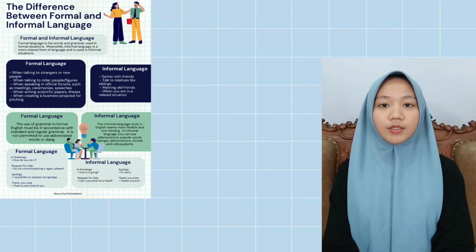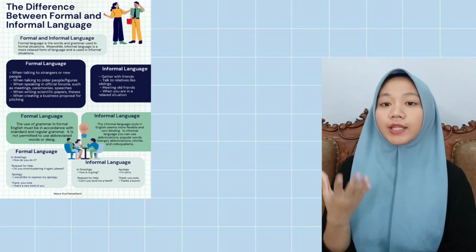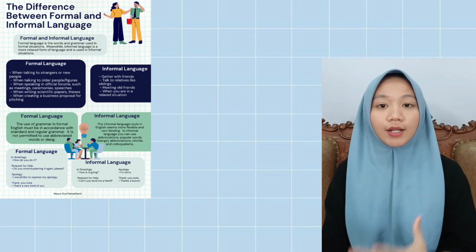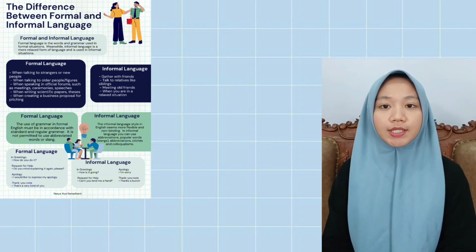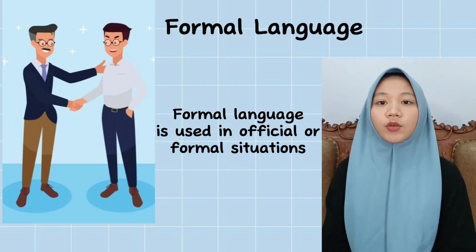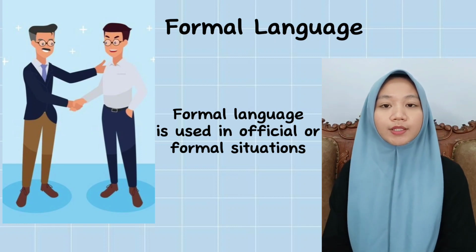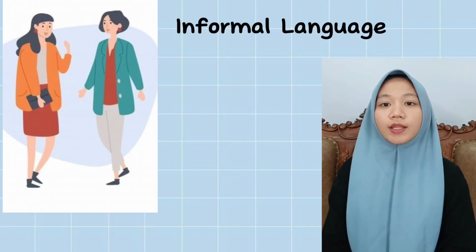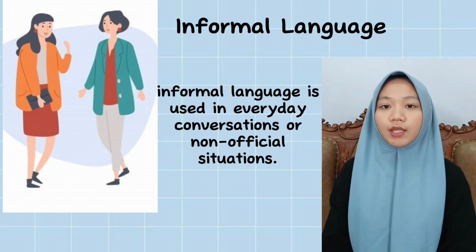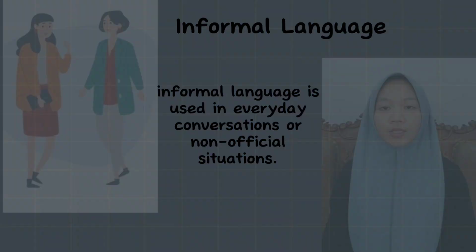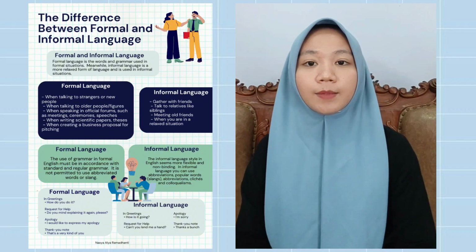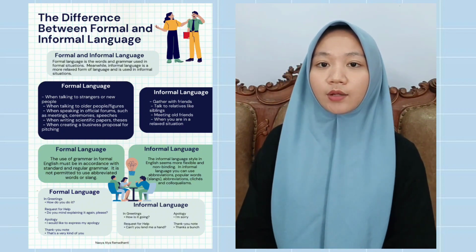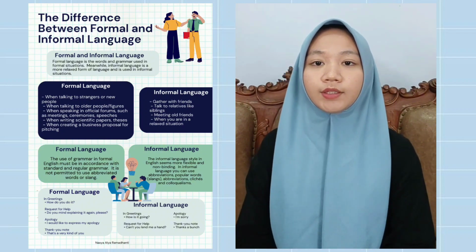After exploring the difference between formal and informal language, it is important for us to use language appropriately according to the context we are facing. Formal language is used in official or formal situations, while informal language is used in everyday conversation or non-official situations. Both have their advantages and disadvantages, and it is important for us to understand when and how to use both effectively.